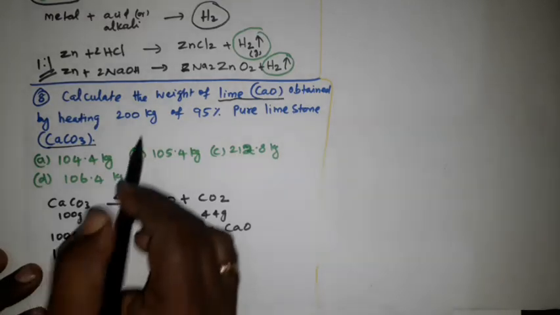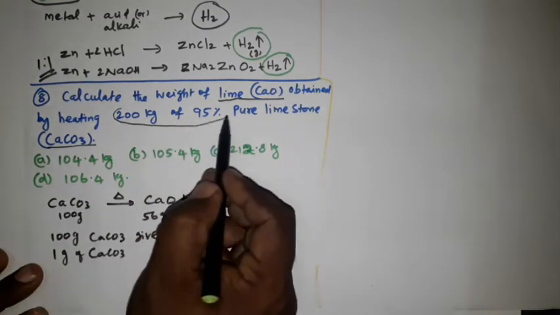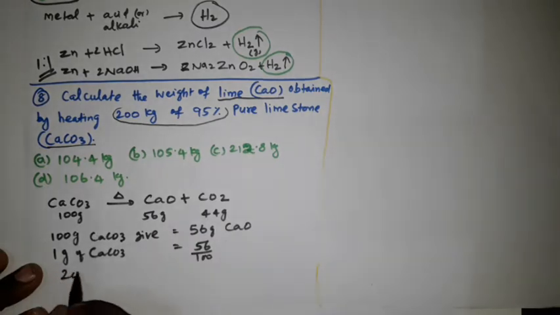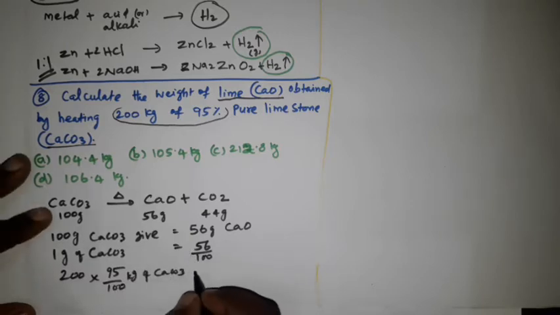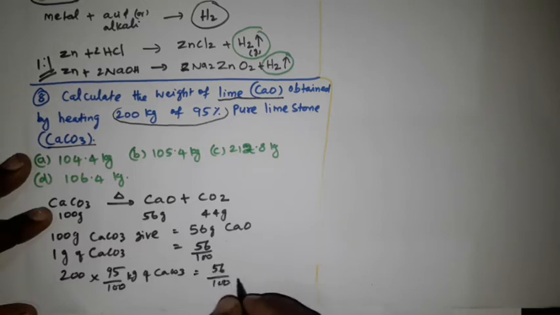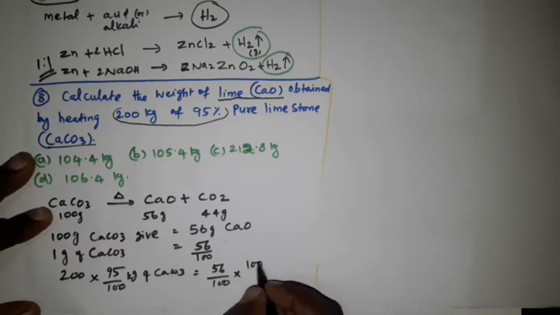Now 200 kg of 95%: so 200 into 95 by 100 kilogram of CaCO3 gives 56 by 100 into 200 into 95 by 100.